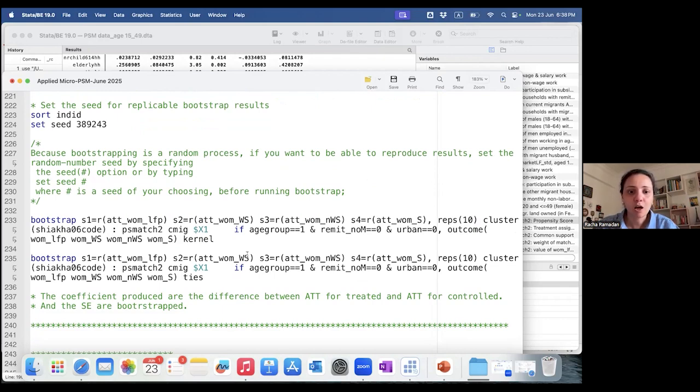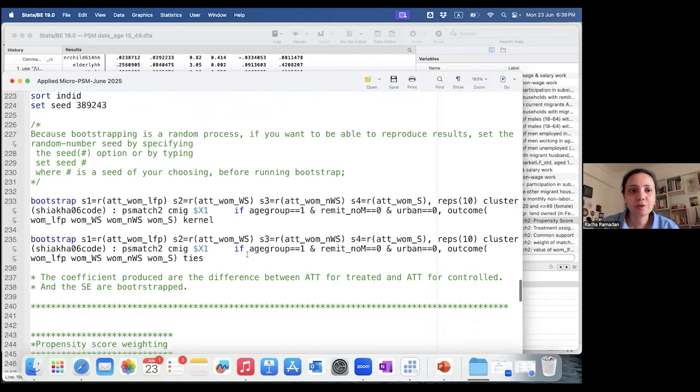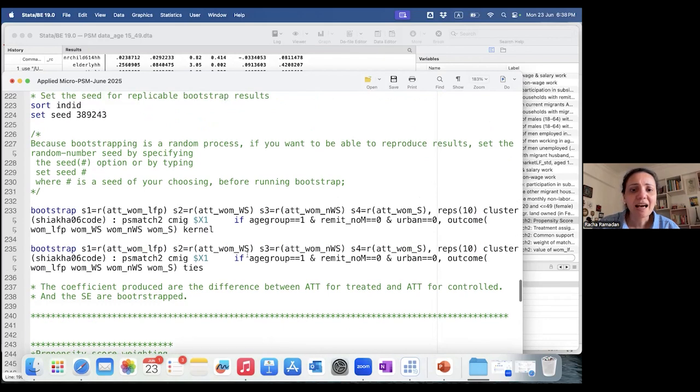Usually you will run it for 100 times or for a large number of times, but you have to specify for the bootstrap the seed, a random value in the beginning to start with, and you can run it several times.